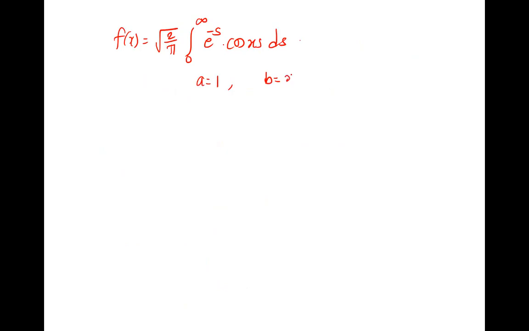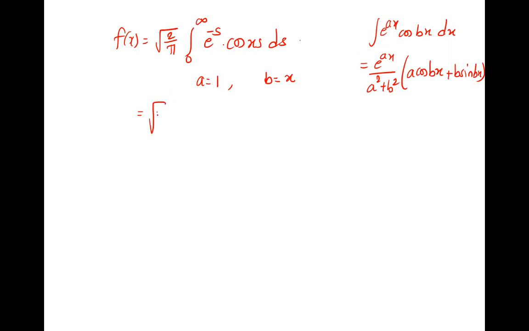And what is the formula? Integration of e raised to ax into cos bx dx is e raised to ax upon a square plus b square into a cos bx plus b sin bx. For cos, there is plus in between.